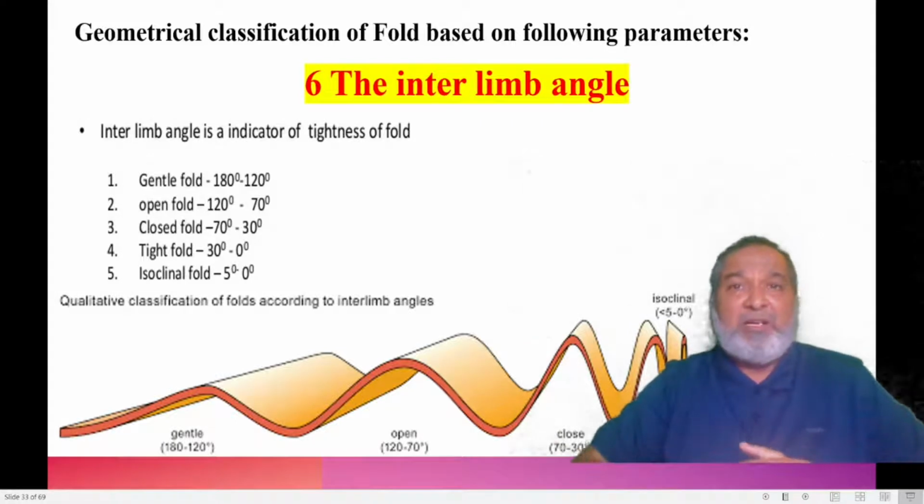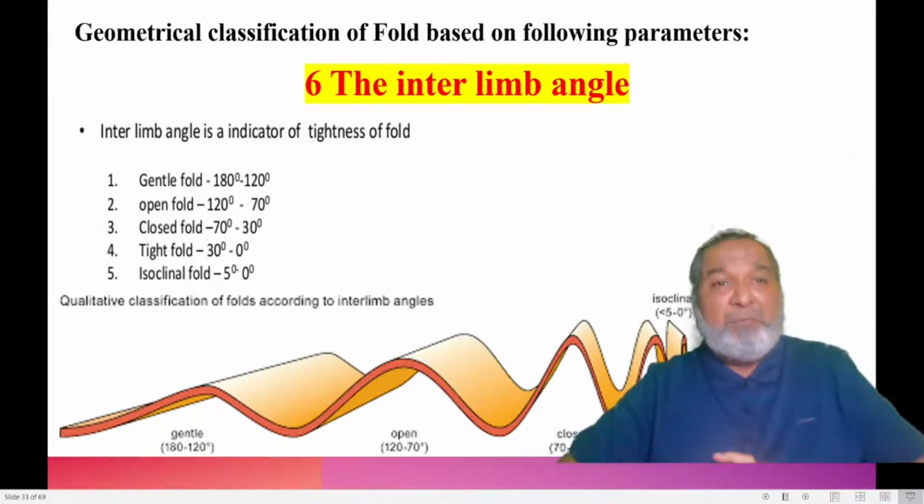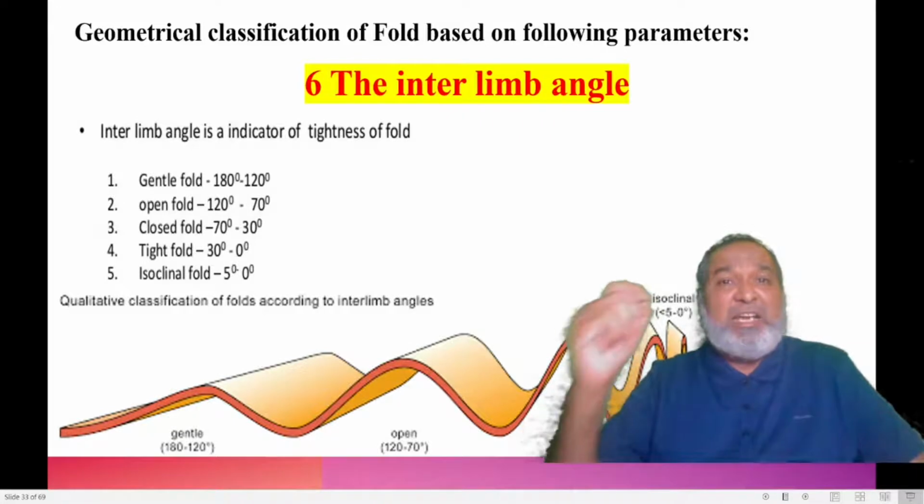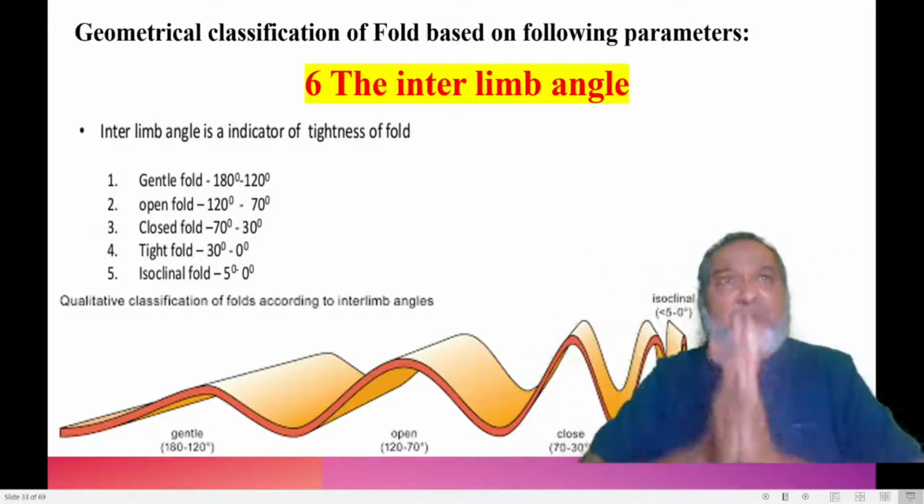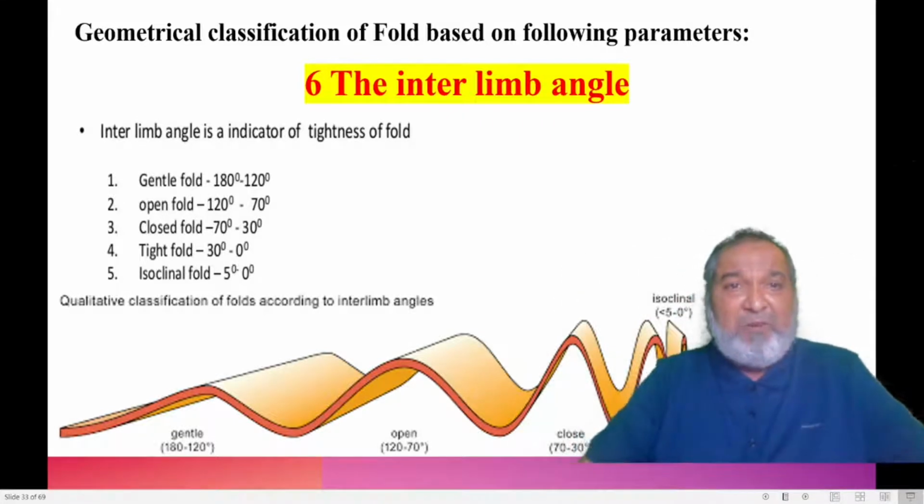Number 6 parameter, the interlimb angle. The interlimb angle is an indicator of the tightness, how tight the fold is. The first one, gentle fold, where the angle is 180 degrees to 120 degrees.